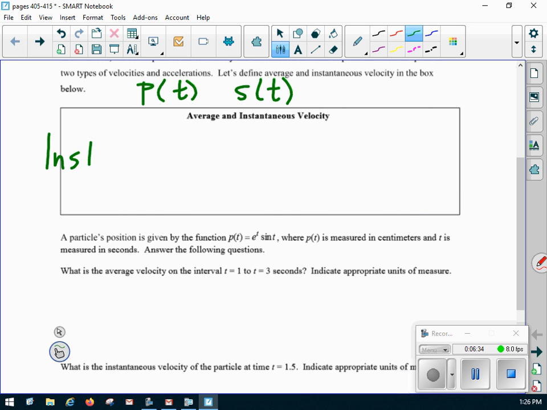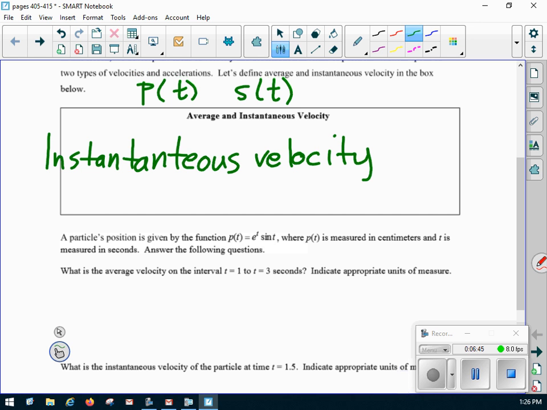Instantaneous velocity. This is the last line. Instantaneous velocity is how fast were you going the moment that the tires on your car hit the Illinois River Bridge.